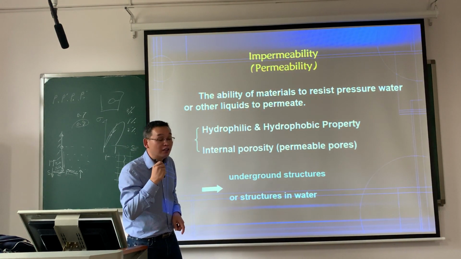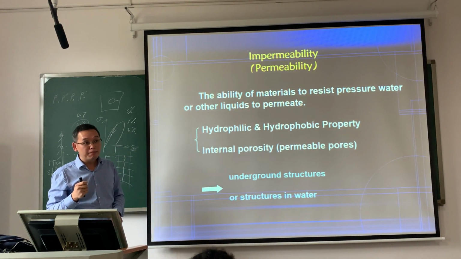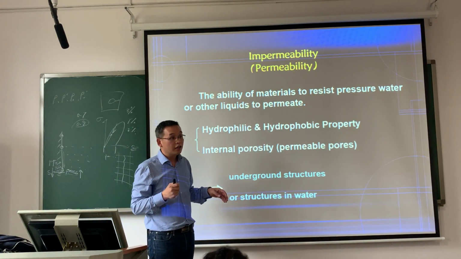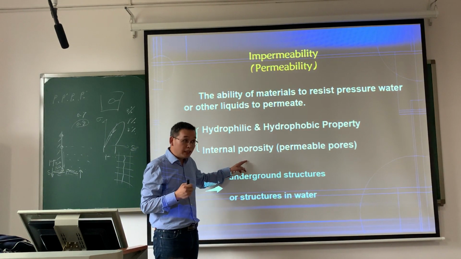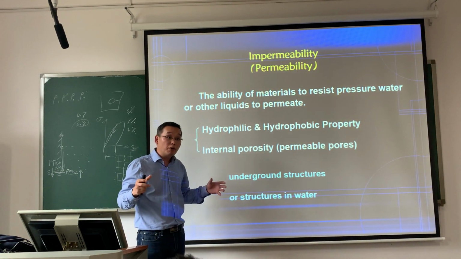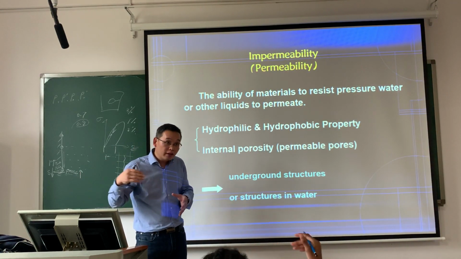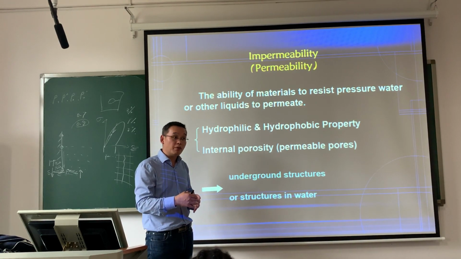It's bad. Permeability and impermeability are opposite, right? Because if the porosity is high, it means there are a lot of pores in the structure. The water can easily get into the material.